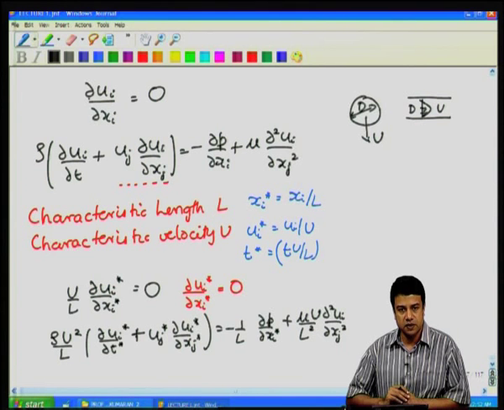Now, this momentum conservation equation I can non-dimensionalize in two ways. You can non-dimensionalize either by dividing by the coefficient of the inertial terms, which are proportional to the density, rho u square by L, or by dividing by the coefficient of the viscous terms, mu u by L square. Which you choose will depend upon what you expect to be the dominant force in this problem.